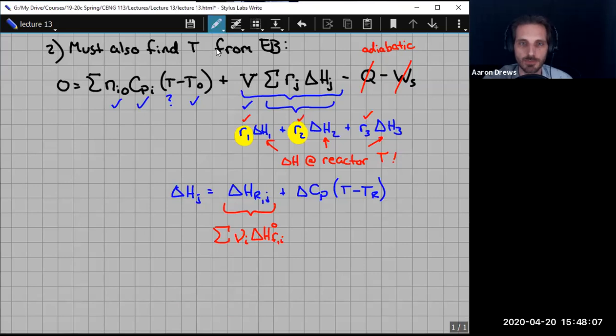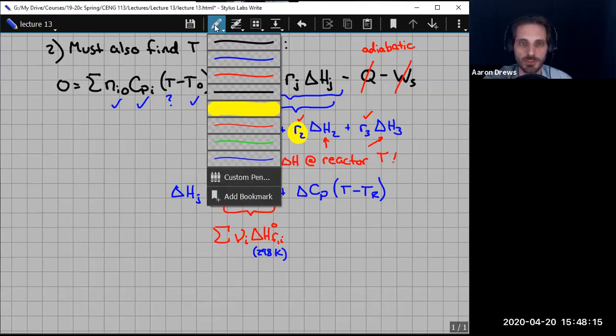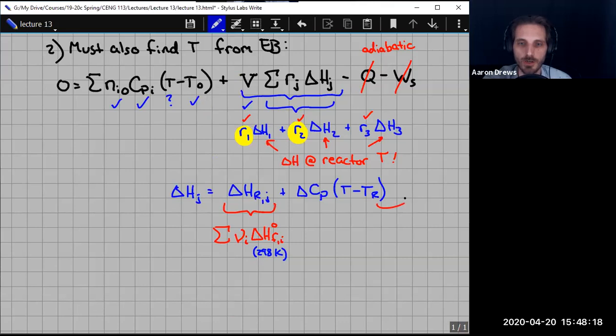When we write an expression like this, the reference temperature for all of these is always going to be 298 K, because that's where enthalpies of formation are written. And therefore, our reference temperature over here will be 298 K, because that's where our enthalpies of reaction are written up. This term, the delta CP, just follows a simple definition of delta.